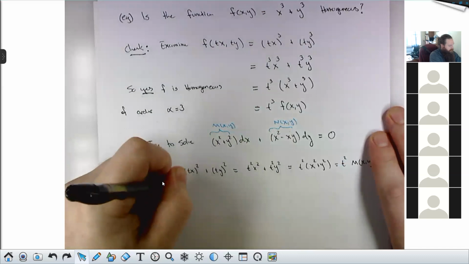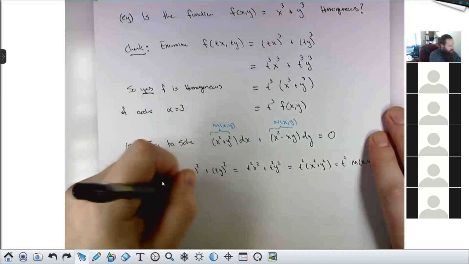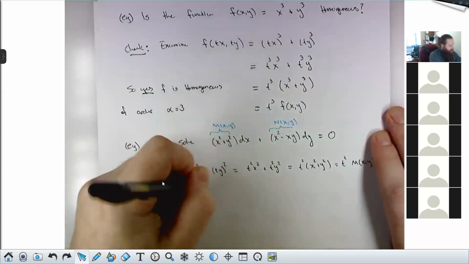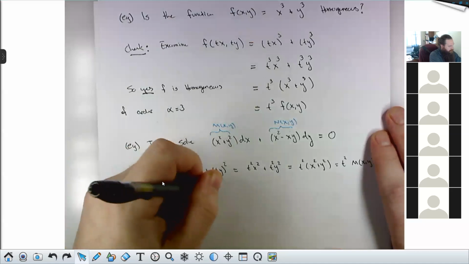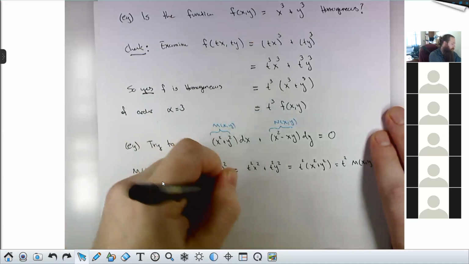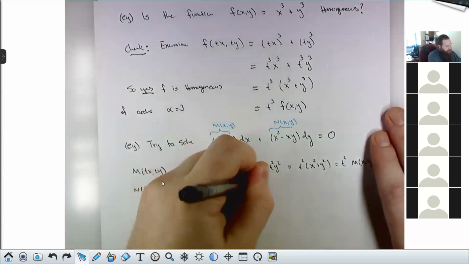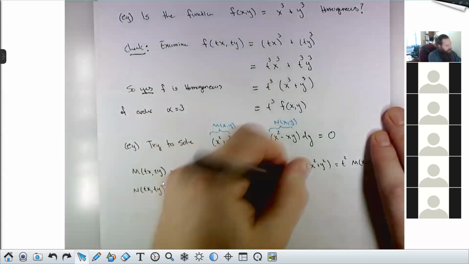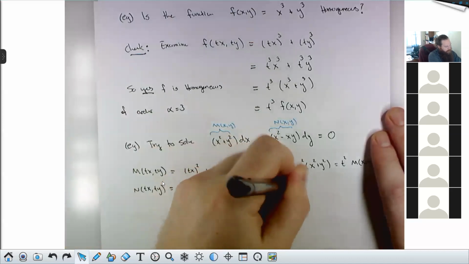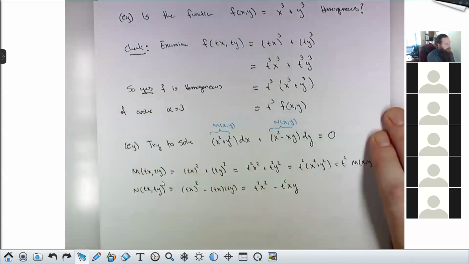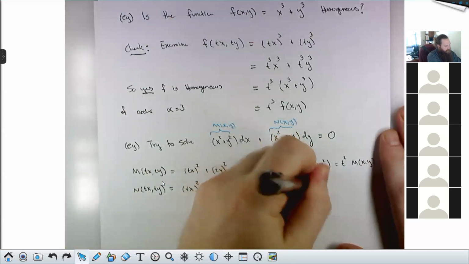This is (tx) all squared minus tx times ty, which is t squared x squared minus t squared xy. And again, we can factor out the t squared.